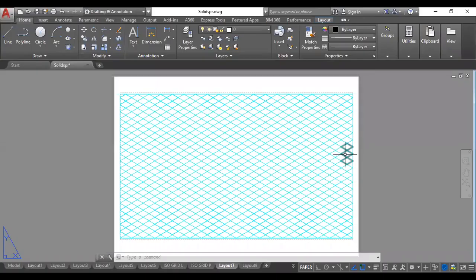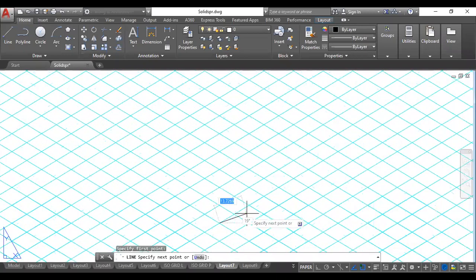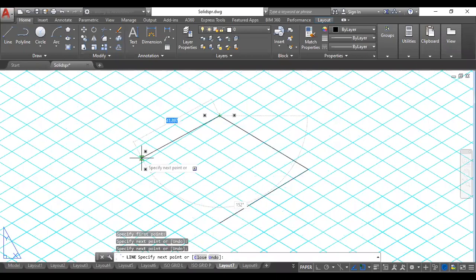First we will draw the square base. The square base is of 60 and height 20. So line starting from here, 60. So this is 3 and this is 6 units. Coming on the other side, this is 60 and this is also 60.